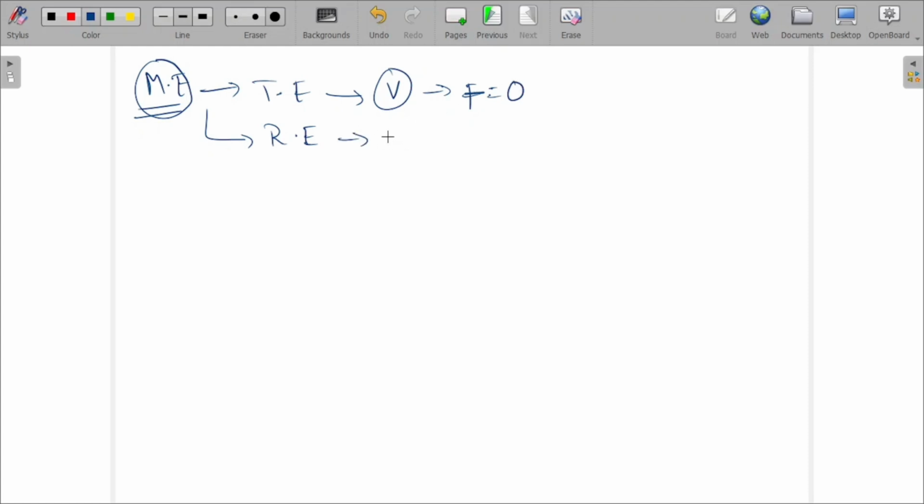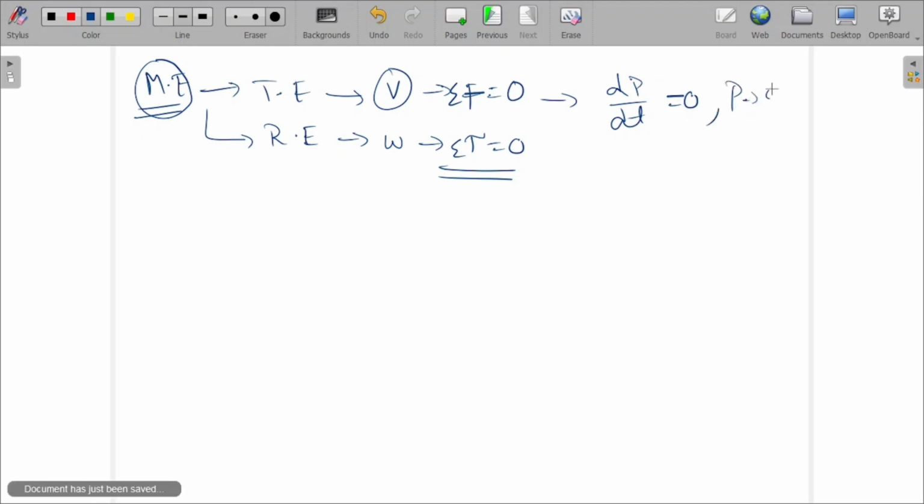In rotational equilibrium, angular velocity is constant, so torque will be 0. So that means sum of forces is 0 and sum of torques is 0. Here the change in momentum, dp by dt, is 0, but p is constant as velocity is constant.